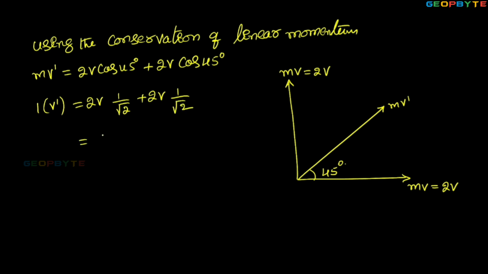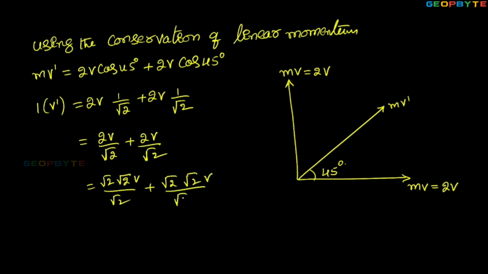It is equal to 2v by root 2 plus 2v by root 2. This 2 can be written as root 2 into root 2, so v by root 2 plus similarly root 2 into root 2 into v by root 2.